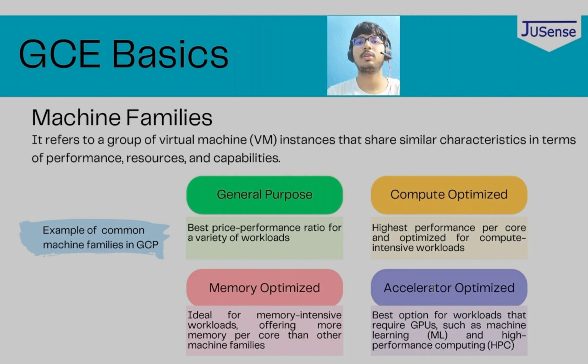Similarly, the compute optimized machine families offer the highest performance per core and are optimized for compute intensive workloads. Memory optimized families are ideal for memory intensive workloads, offering more memory per core than other machine families. Finally, we have the accelerator optimized machine families, which are best for workloads that require GPU intensive tasks such as machine learning and high performance tasks.